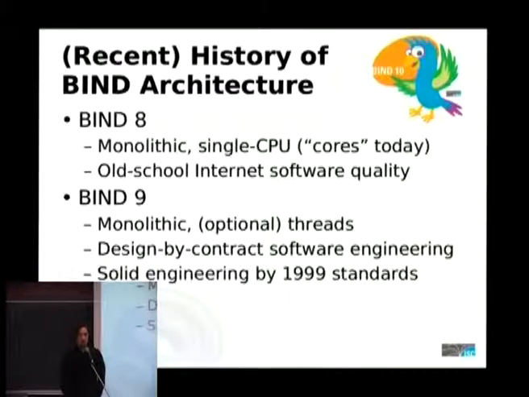And in order to improve the quality of the software, because of all the problems that had happened with Bind 8, they used a lot of the concepts from the design by contract approach. This is basically where you define preconditions and postconditions for every function, which documents exactly how it's supposed to be called and what the conditions are supposed to be when it exits.